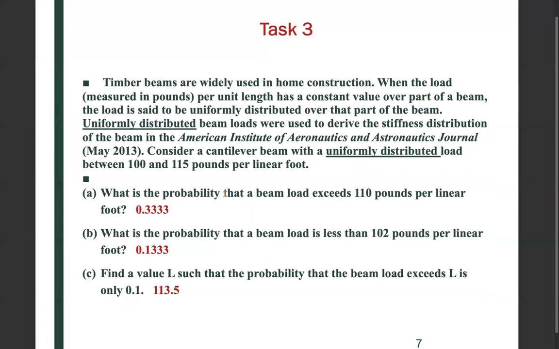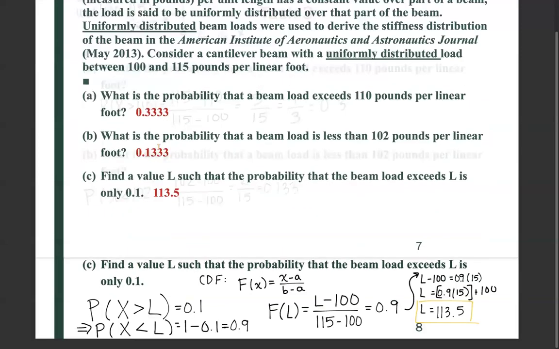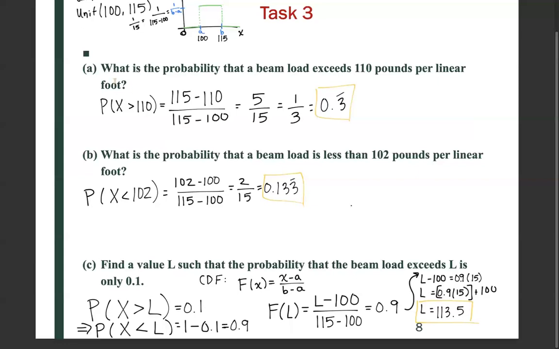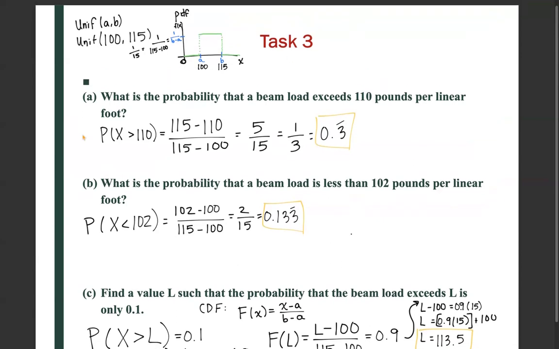Those are the main takeaways from this prompt. Here I have the 3 prompts on a separate slide. The first prompt is, what is the probability that a beam load exceeds 110 pounds per linear foot? So here we want to know the probability that X is greater than 110.